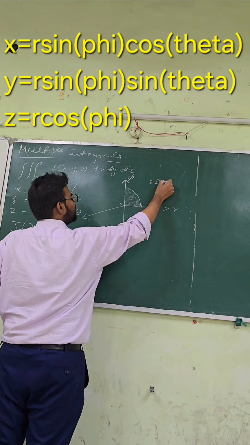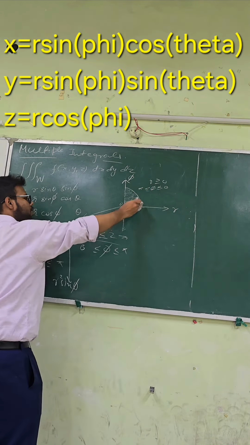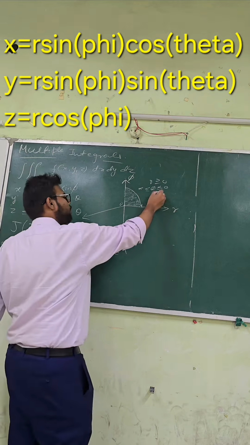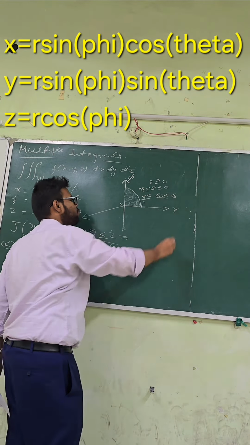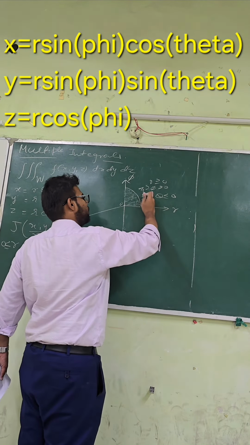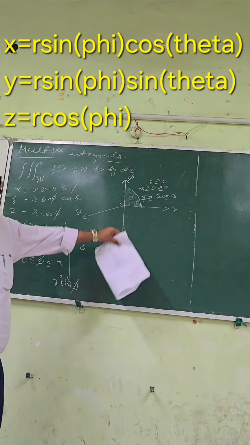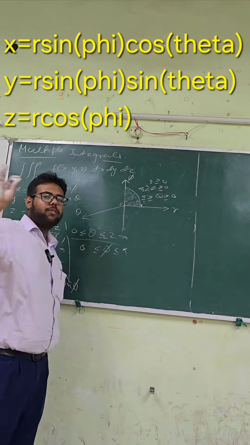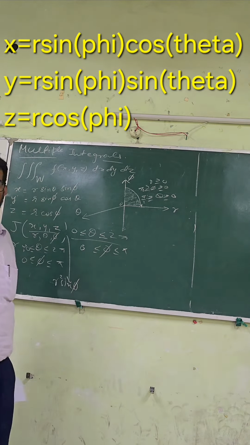Here r will be greater than 0, phi will lie from 0 to pi by 2 since we only covered the first quadrant, and theta will also be 0 to pi by 2. This is for the first quadrant and that was for the complete sphere. That is how you assume the limits.